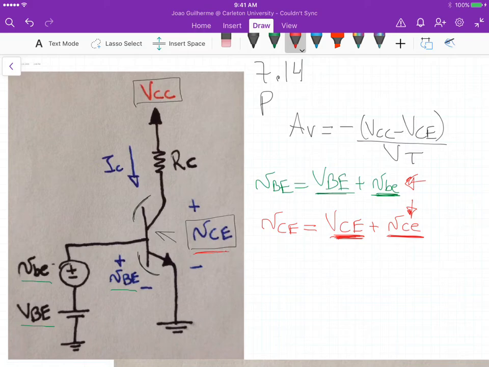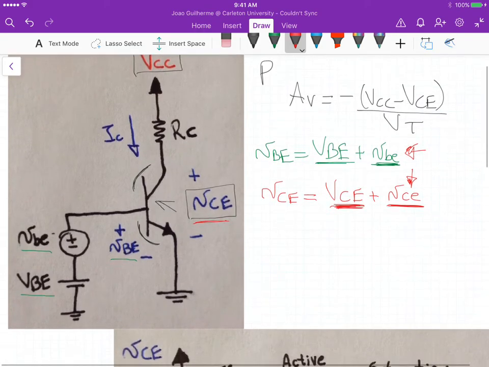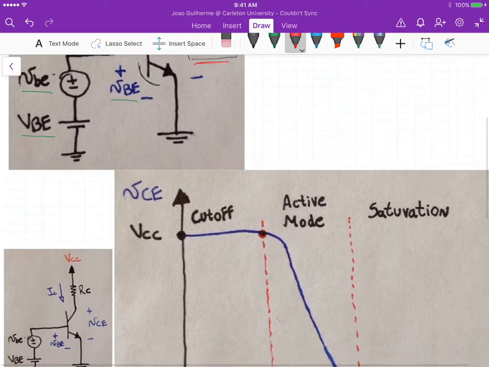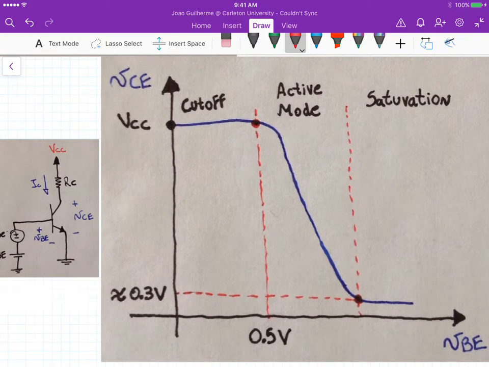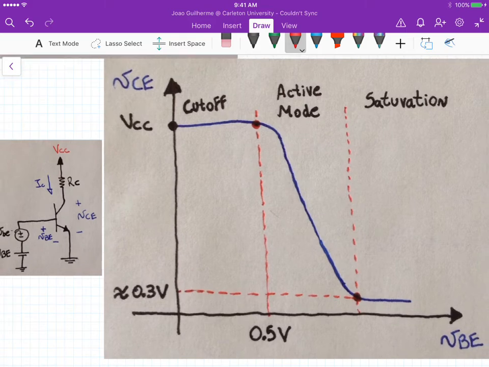Now if we go to the VCE versus VBE plot down here, we have this behavior. If we get a VBE that's less than 0.5 volts and a VCE that's less than 0.3 volts, we are operating in this cutoff region.